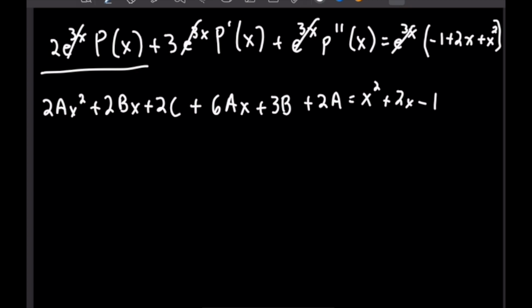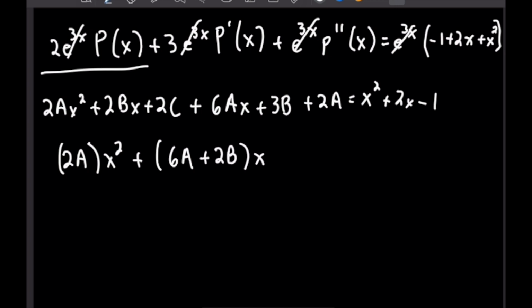So let's go ahead and write these out to set us up to equate the coefficients here. So we'll have 2a, that's the coefficient of our x squared term. Then we'll have plus, we need our x terms here, so we'll have 6a plus 2b, that's going to be times x. And then lastly, we'll have 2a plus 3b plus 2c.